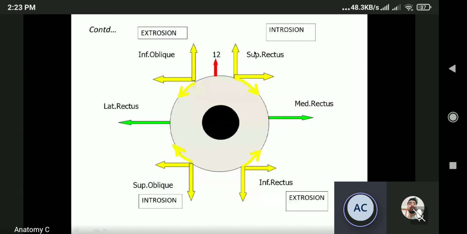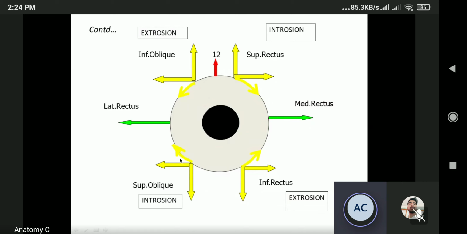Make this line upward, downward. Then put the superior rectus over here, and opposite the superior rectus, write the superior oblique. Okay, are you clear?